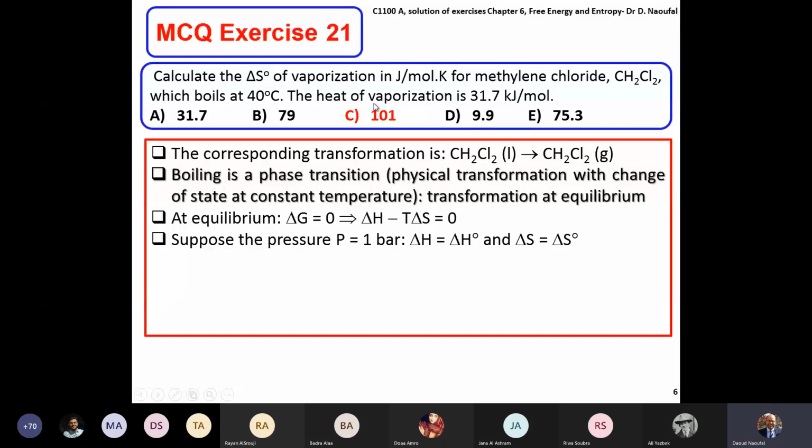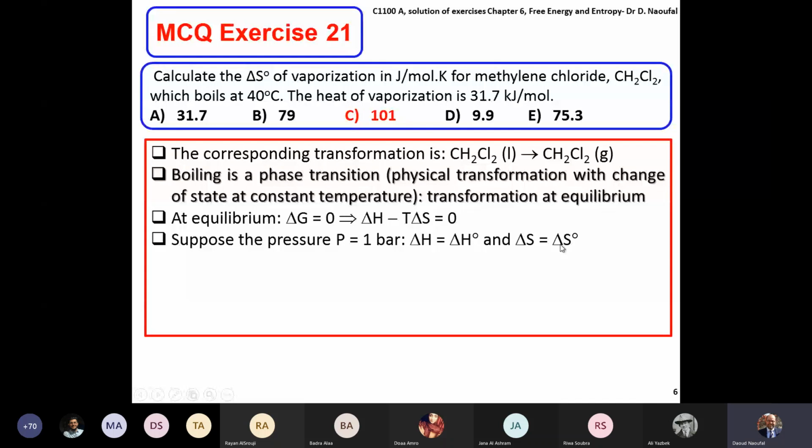What is the pressure during this transformation? This is a vaporization in the open atmosphere, or the pressure is not mentioned, so I can suppose that the pressure is equal to 1 bar. In this case, I can transform delta H to delta H0 and delta S to delta S0.